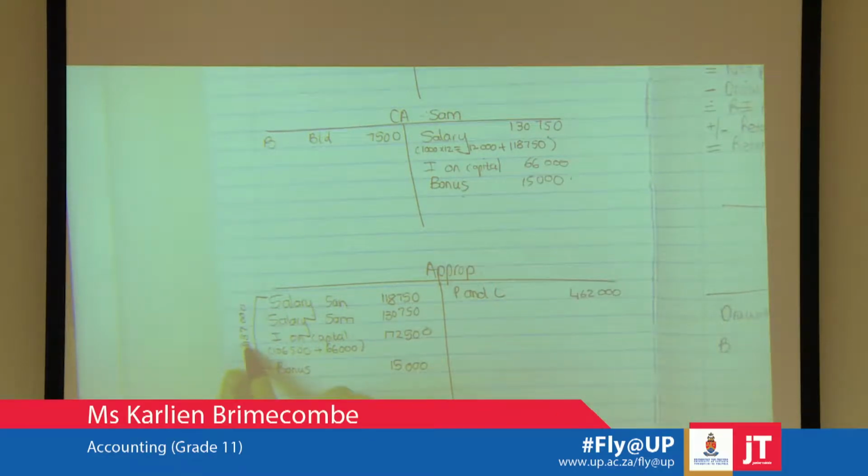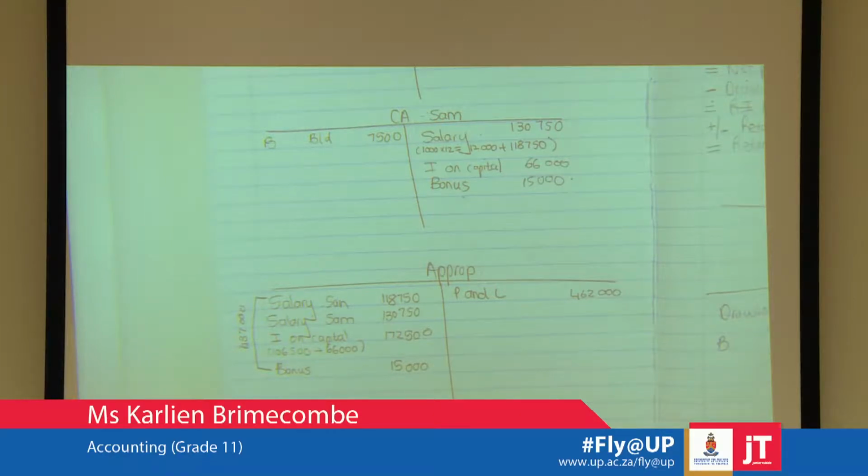So now what is remaining? 462,000 minus 437,000 equals? And now that is shared how? In a ratio of 3 to 2, so you have to say 3 divided by 5. And for the other partner, 25,000 times 2 divided by 5, or just take the difference.